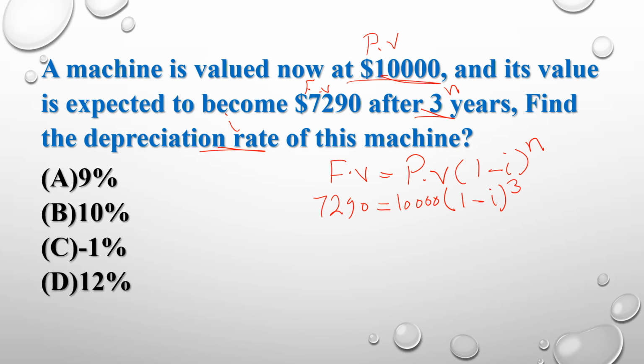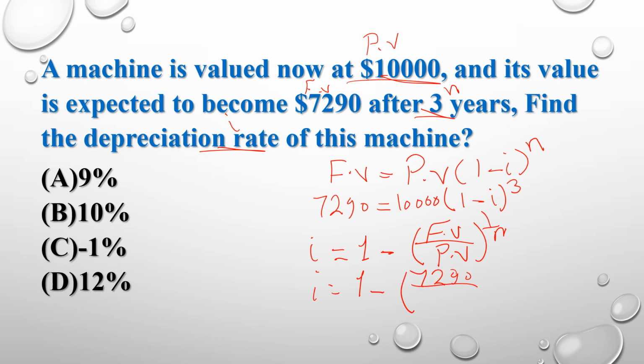In order to find I in these problems, I equals 1 minus the future value over the present value to the power 1 over n. So I equals 1 minus 7,290 over $10,000 to the power 1 over 3, and this equals 0.1 or 10%. So the depreciation rate is 10%, and the correct answer is B.